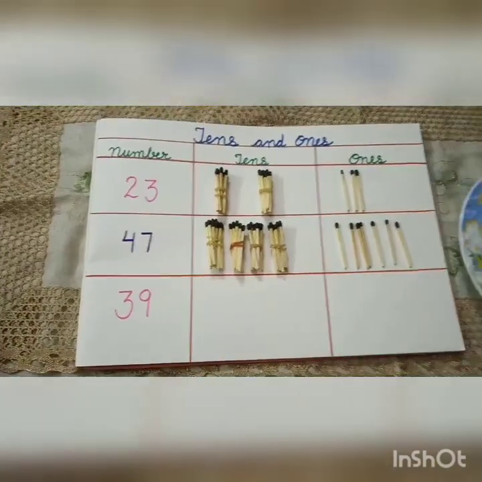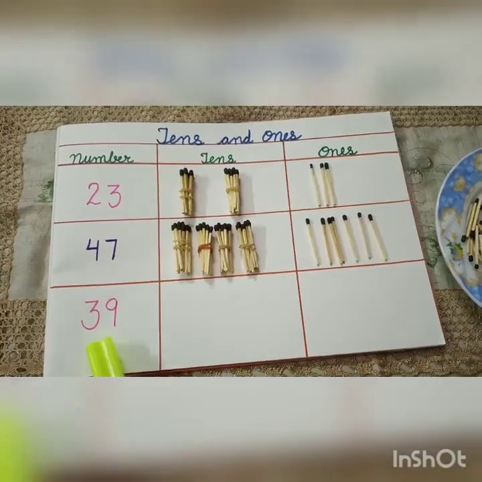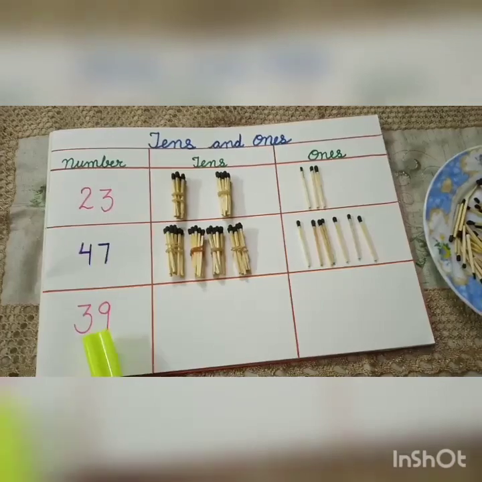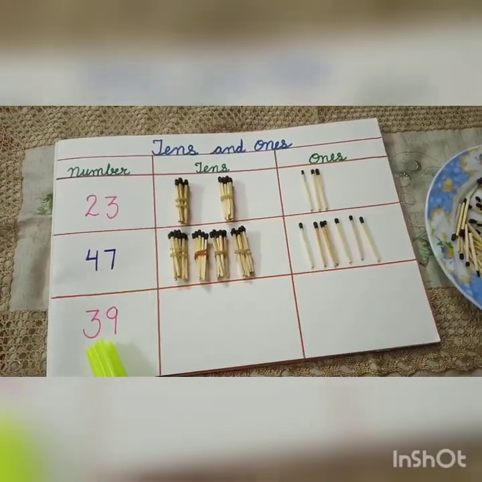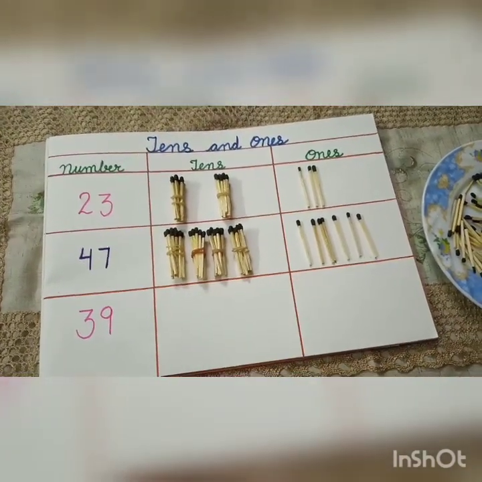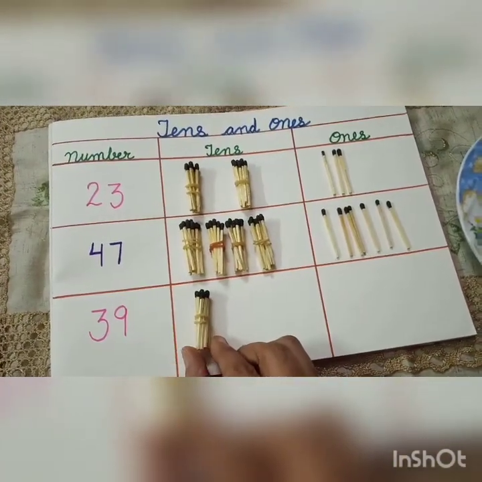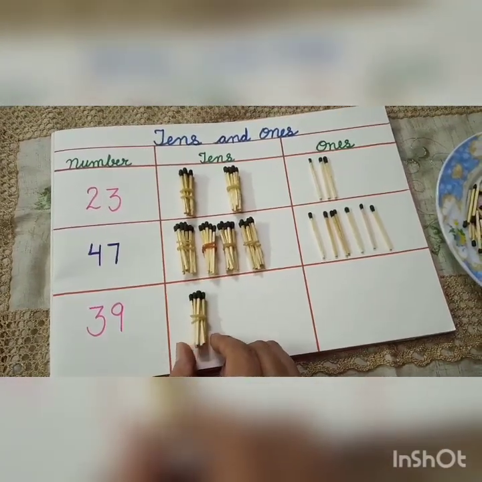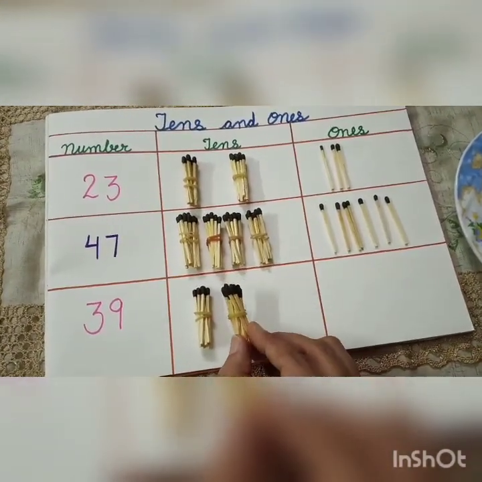Now students, you can see I have written one more number here. The number is 39. Now you will tell me how many tens and how many ones are here in 39. So first we will see how many tens we want. So first we say this is 10, which means 10 matchsticks. Now again we have taken one more 10.